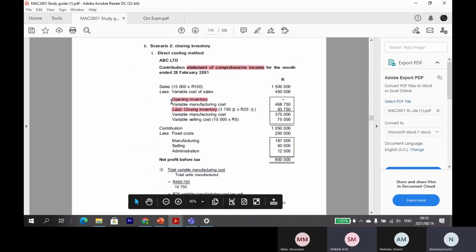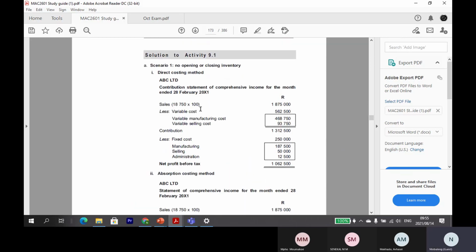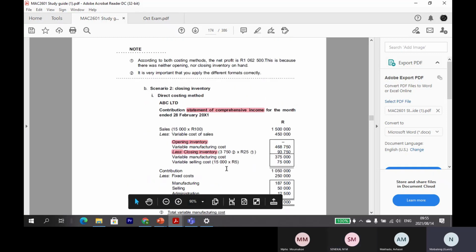If you don't have any closing or opening inventory, you can go straight to this. But if there's this whole thing of opening and closing, make sure you have thought about it, because presentation matters.